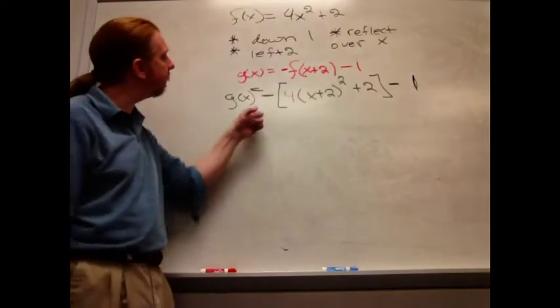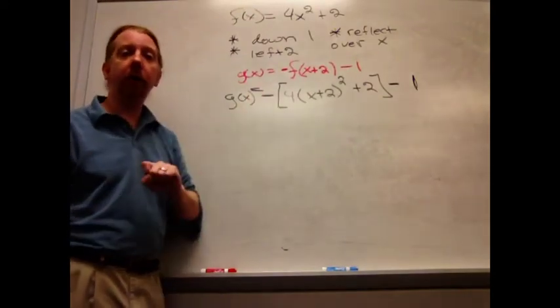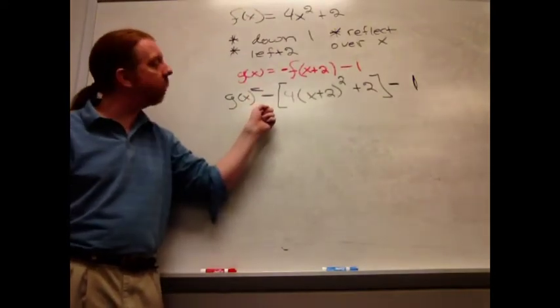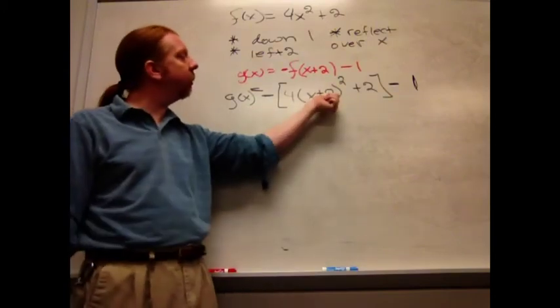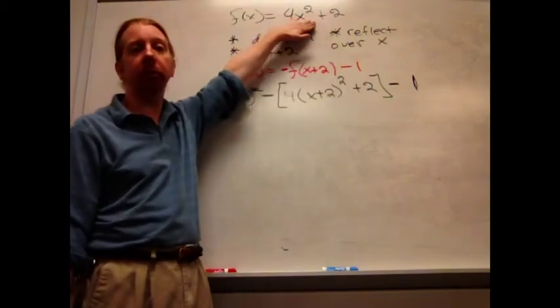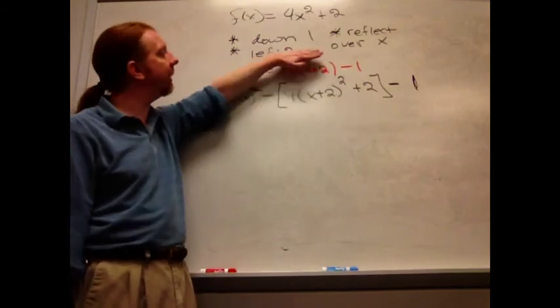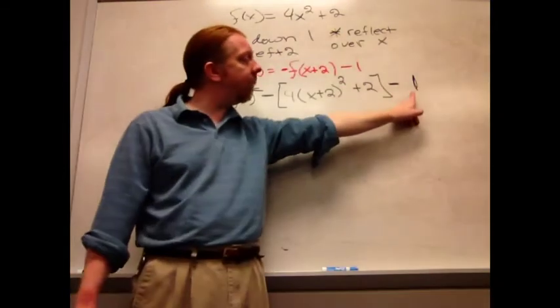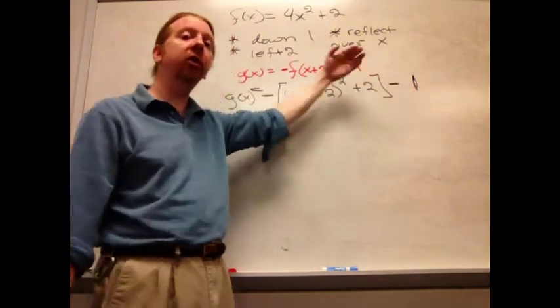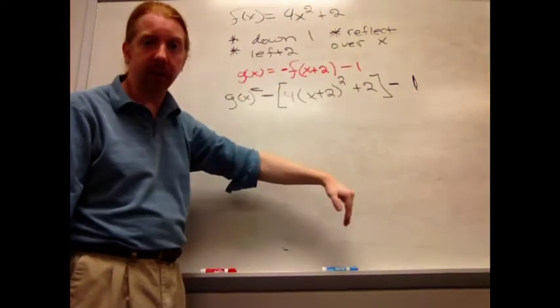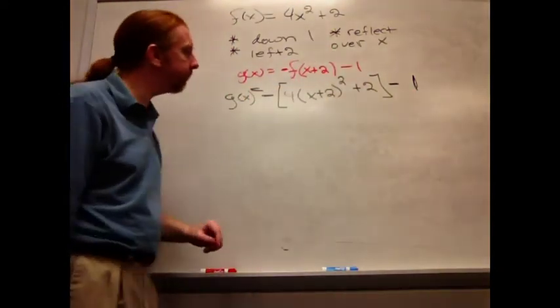Or to recap, multiply by negative 1 is going to create a reflection over x. Adding 2, so I go from 4x squared to 4 times x plus 2 squared, is going to translate left 2 units. And then tacking on a negative 1 at the end is going to shift my whole thing down 1 unit.